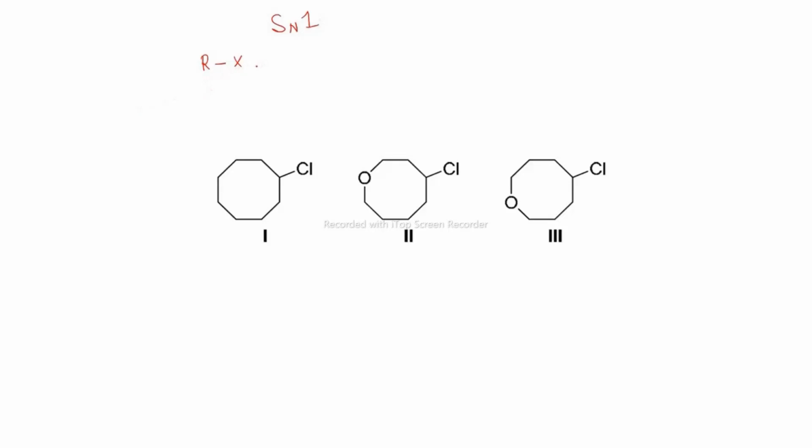In this reaction, the first step is the RDS, the rate determining step, where the carbocation and the anion are formed. If the carbocation is stable, our rate will be fast. If the carbocation is not stable, our rate will be slow. So from 1, 2 and 3, when the chlorine leaves, we have to find out which carbocation is more stable. In the first case, it will form a carbocation like this.